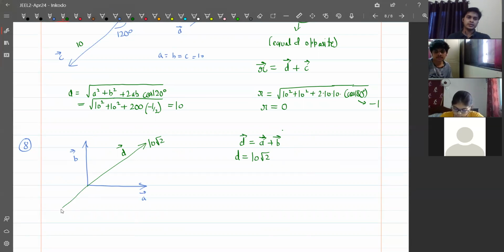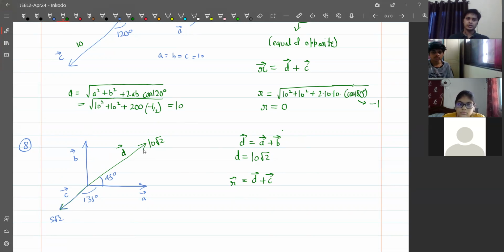Then the third vector was given as 5 root 2. Now this angle is given as 135, and this angle, if you calculate, will be 45. So if this is your C vector, you can write your resultant vector as D vector plus C vector.